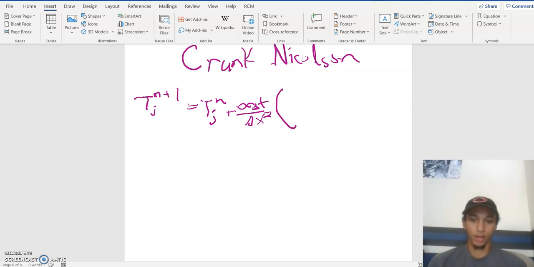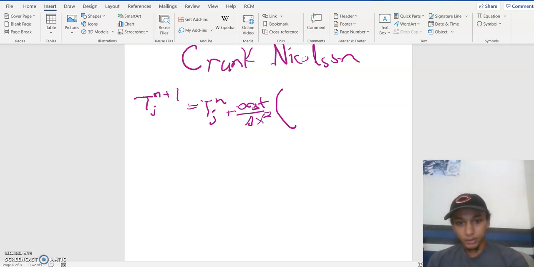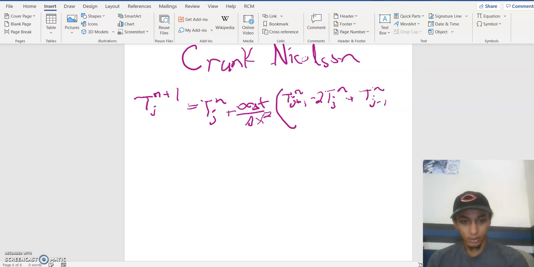But instead of just getting the positions at an earlier time, we're going to take the average of positions at an earlier time and the positions at a later time. So when we do this, we get Tj of n, so 1 minus 2 Tj of n plus Tj plus 1 of n.